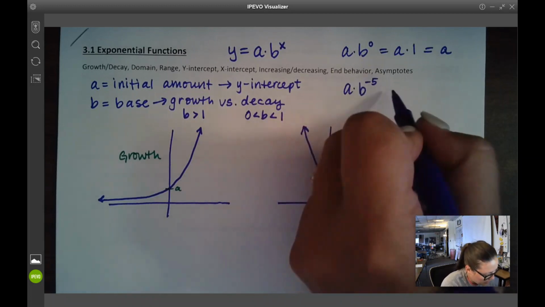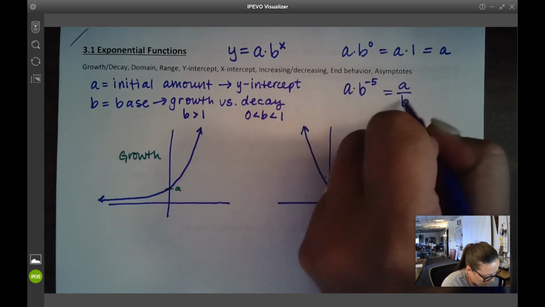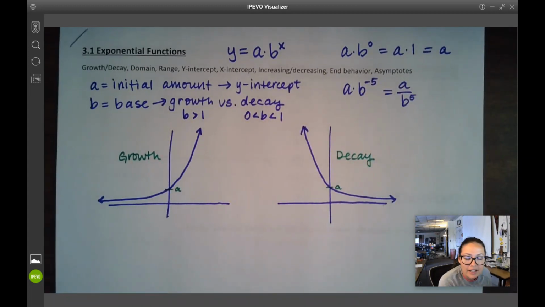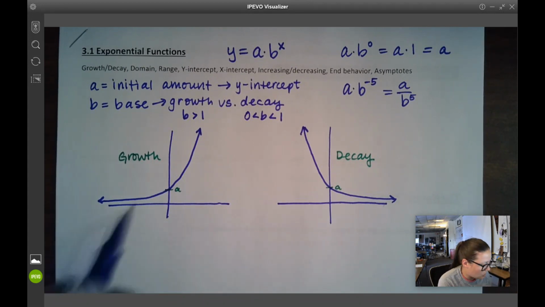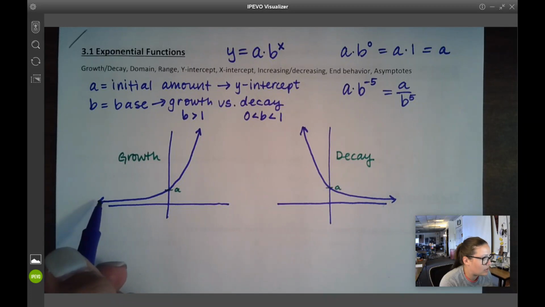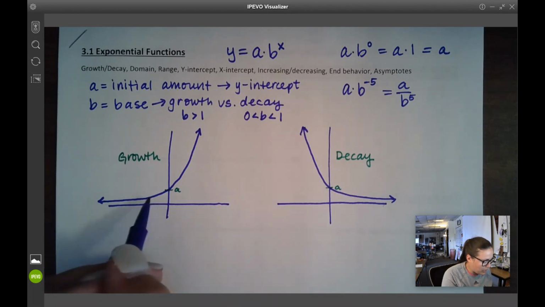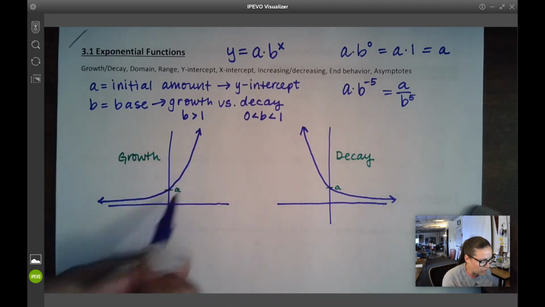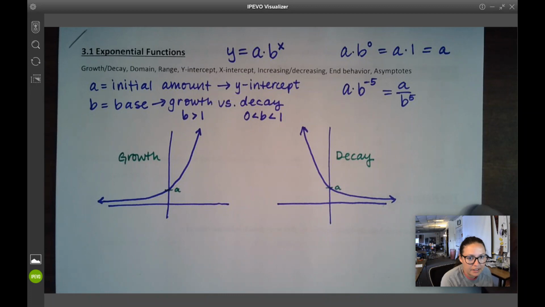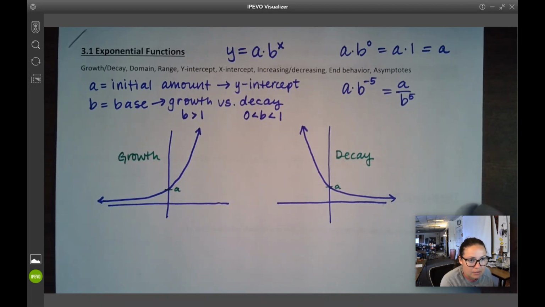What do I do with negative exponents? Well, it doesn't actually turn into a negative number. It turns into a fraction. It gets flipped. So when the x values get negative, our numbers get really, really tiny. And of course, when x is a positive number, our numbers are going to get really big really fast. So there are no x-intercepts for either growth or decay.